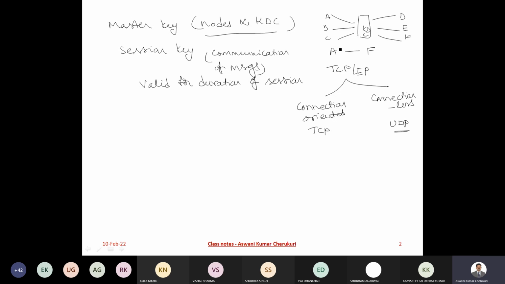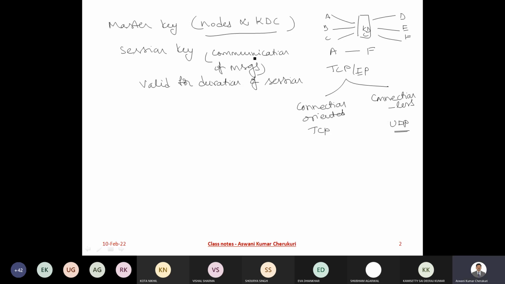Now, this plays a significant role in your security. What is that? The point is A and F wanted to talk to each other, using a connection-oriented protocol, because the communication is somewhat sensitive or important. So for every message that goes between both of them, they need to ensure that the message was received.